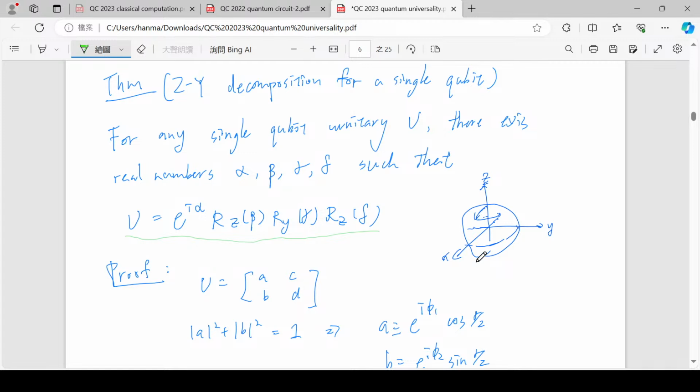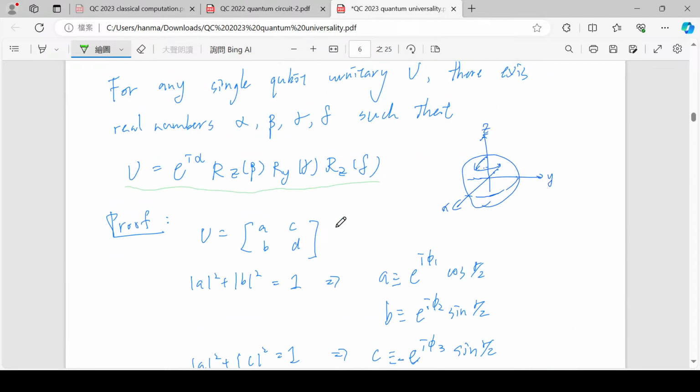We prove this by doing calculation on a 2x2 unitary, but you can also think of this as natural physics or algebra: the intuition here is that any rotation on the sphere can be decomposed into 3 rotations about the y-axis and z-axis.